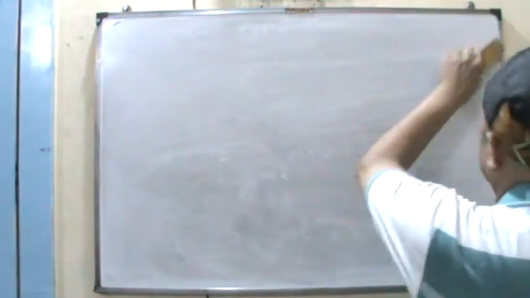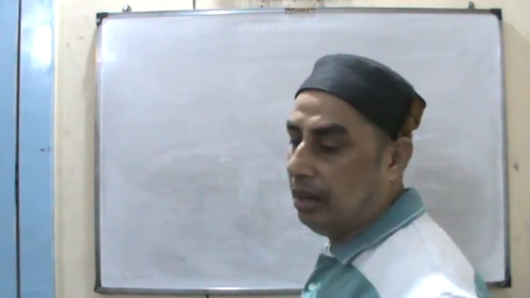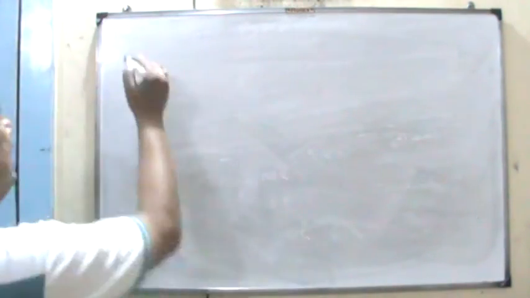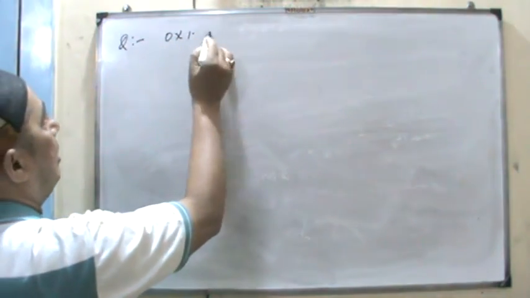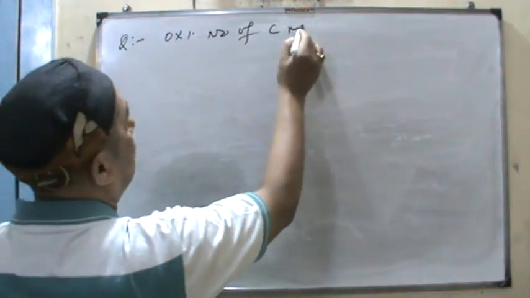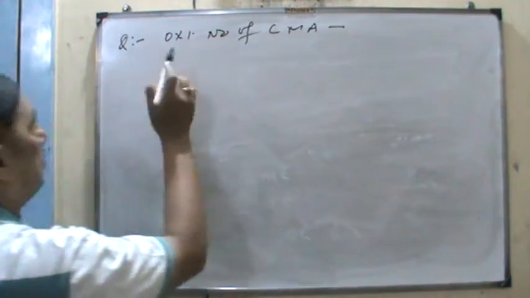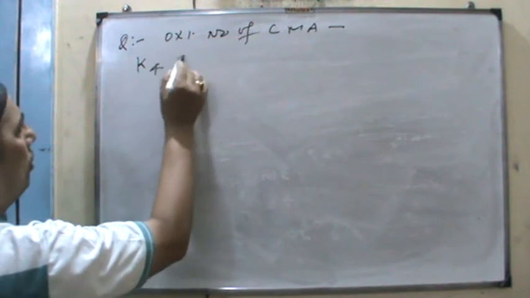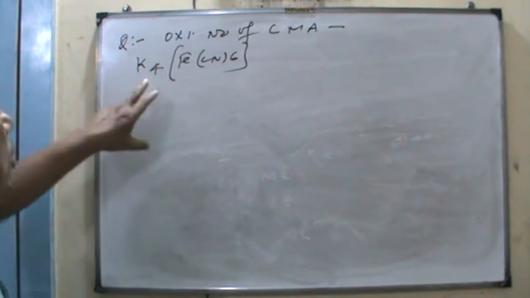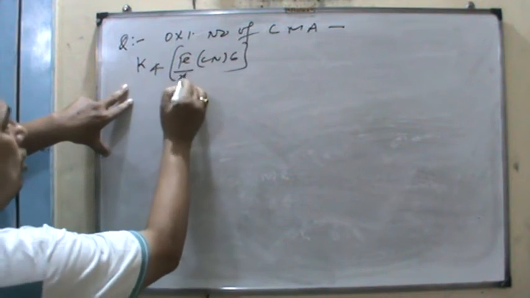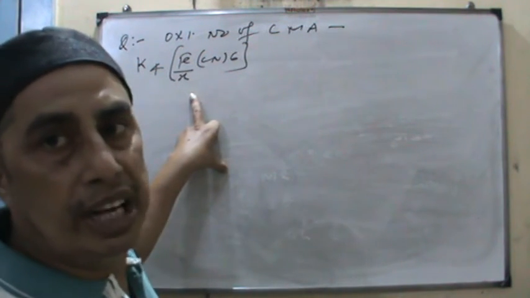Now they will help you in calculating the oxidation number, which is very much given in your exercise questions. For example, how to calculate the oxidation number of the central metal atom. For example, K4[Fe(CN)6]. Always calculate the oxidation state of the central metal atom.